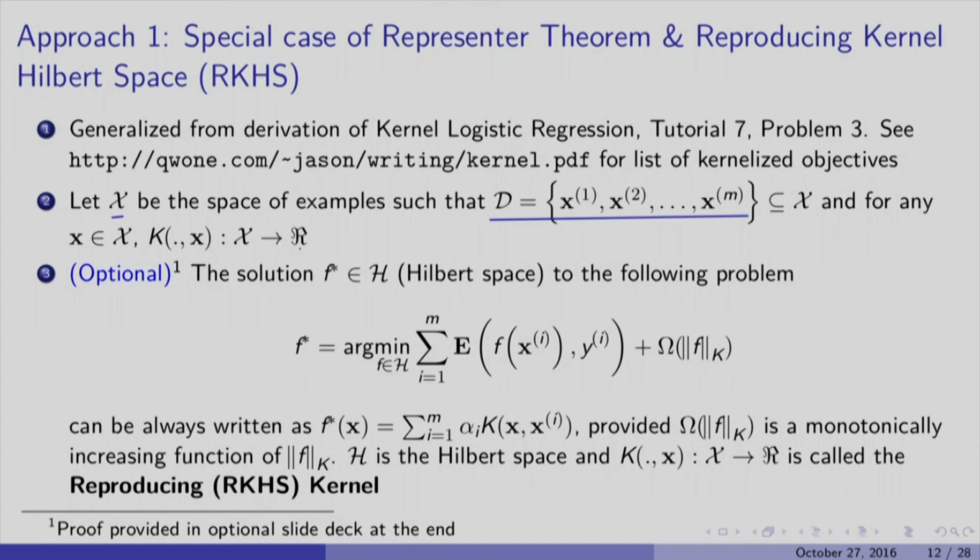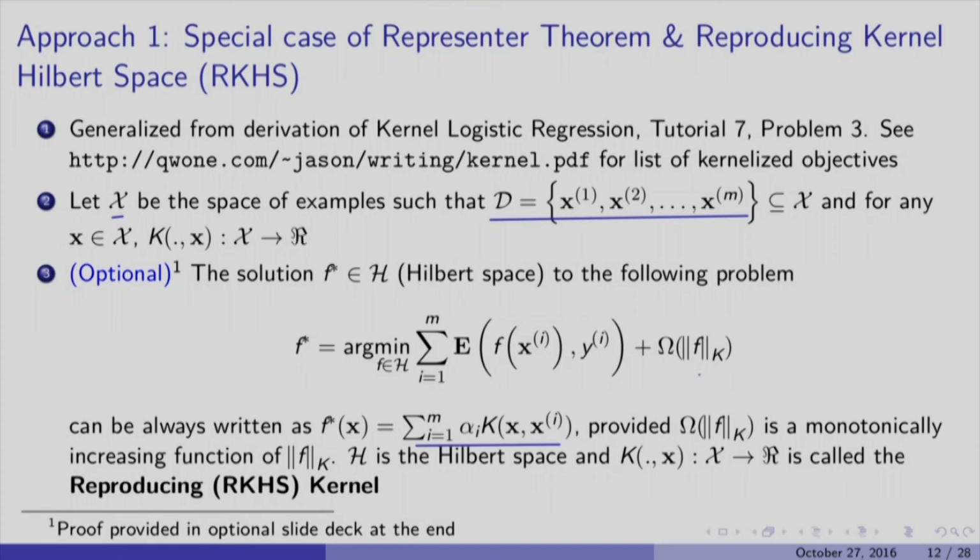What the representer theorem says is that the solution f star in some Hilbert space of functions to the problem of minimizing the sum of errors evaluated on the function at each example plus a regularization component which penalizes complex points in this function Hilbert space can always be written in an alternative simplified form, which is summation over all the points of alpha i k evaluated on the query point and the data point xi.